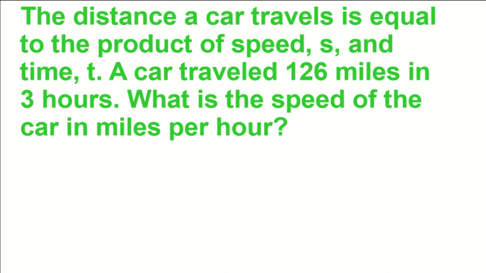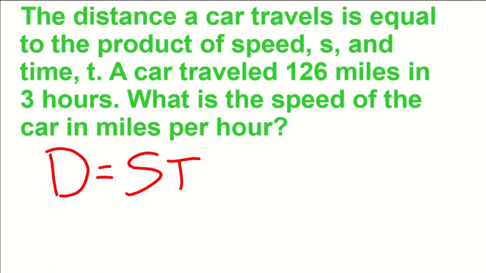All right, so what we got, it says the distance a car traveled is, or is equal. So that means we got D equals, let's say D is for distance, okay? Product of speed S and time T. Product means we're multiplying, speed times time. All right, everybody good with that equation? Then if we fill in the blanks, it shows us kind of what we'll need to do.